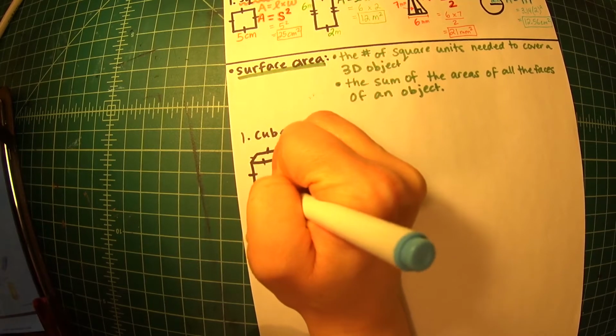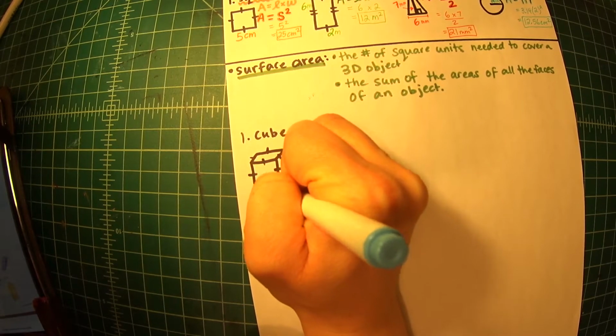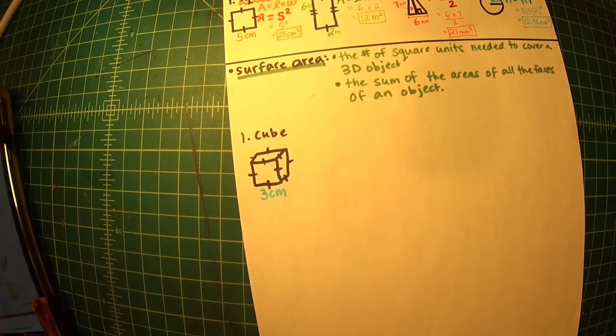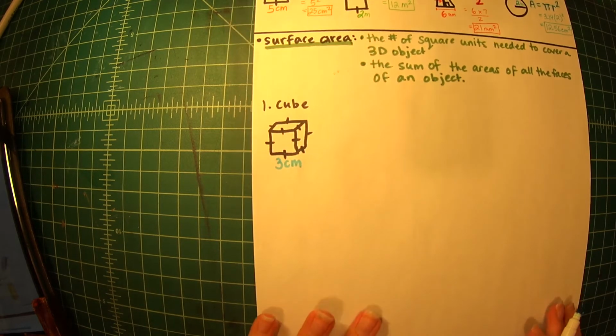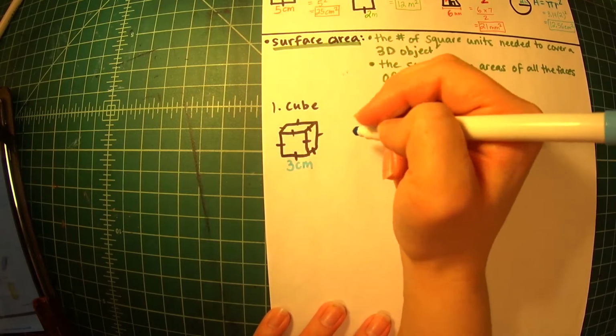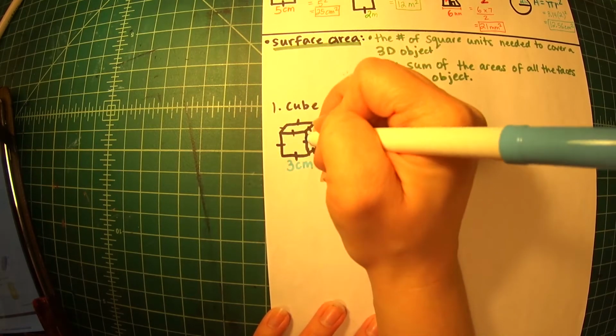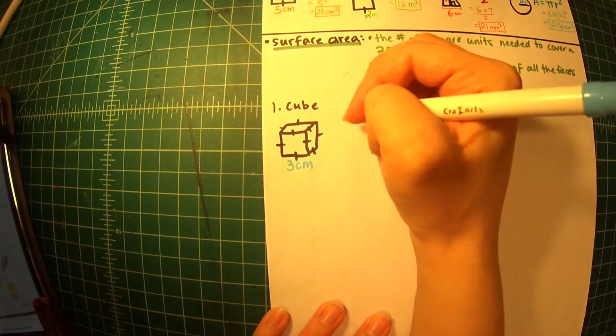The diagram indicates to us that the side length is 3 centimeters. And because it's a cube, we know that every single edge is 3 centimeters.